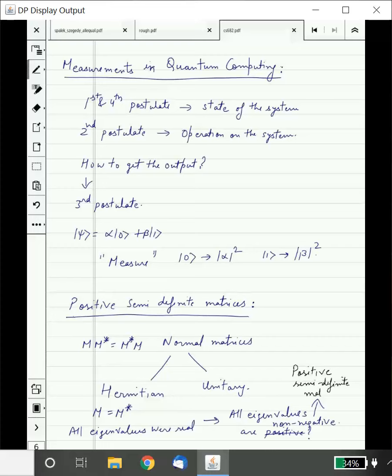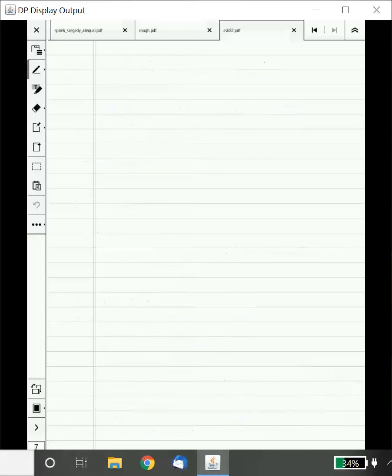This is one of the simplest characterizations of positive semi-definite matrices. So, a matrix is PSD, which is short for positive semi-definite.